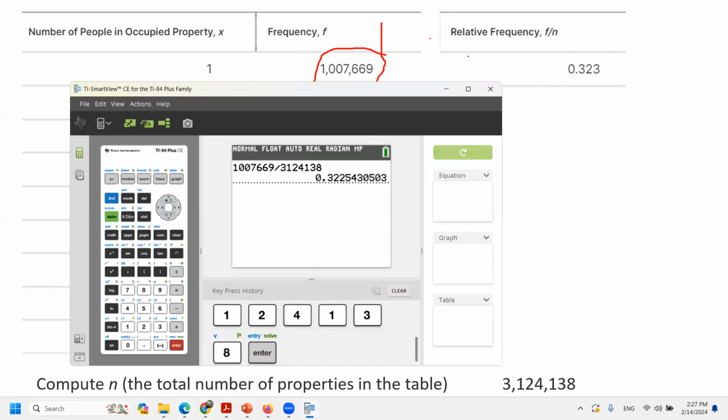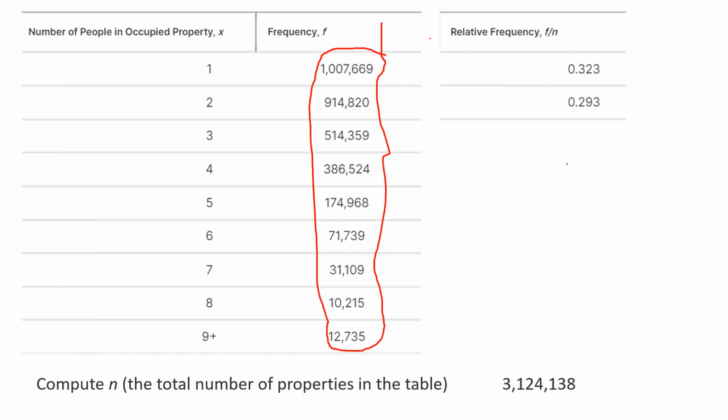We can continue this process. If you continue this process, you can find the next probability, which is 914,820 divided by 3,124,138, which gives you 0.293. So basically it says, hey, you have 29.3%.